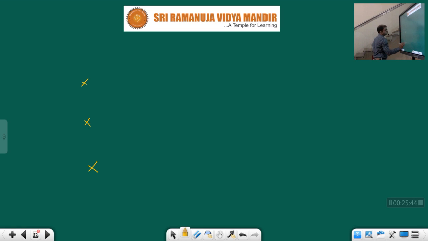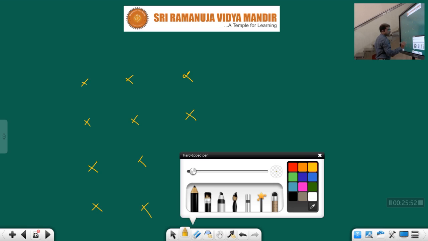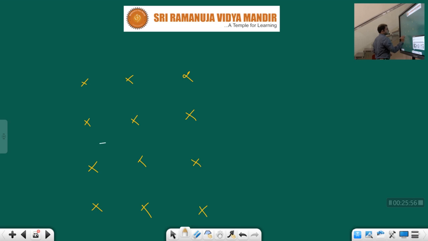Suppose this is the direction of magnetic field, the magnetic field into the page. I kept some charge here, and that charge is moving, which is nothing but current direction only, children, in this direction.